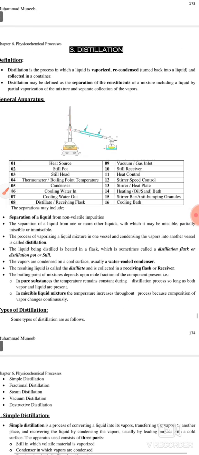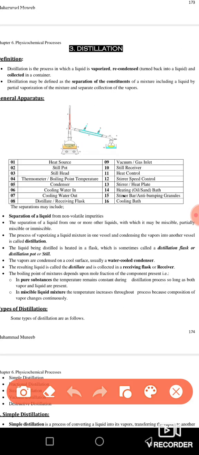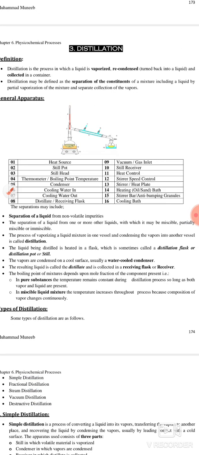Now some explanation is given in this paragraph, so now let's discuss that. First of all, in the distillation process you are going to separate a liquid from non-volatile impurities. You have to keep this concept in mind: if your impurities are volatile, then your distillate again becomes impure.